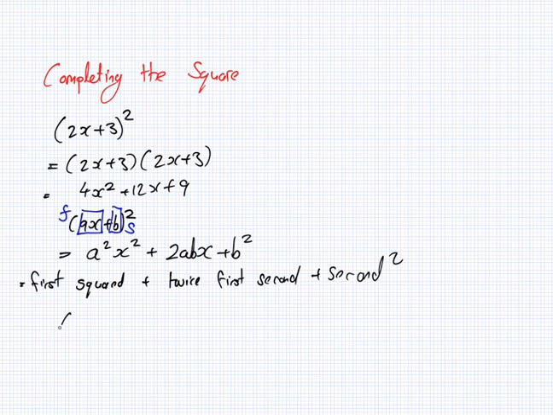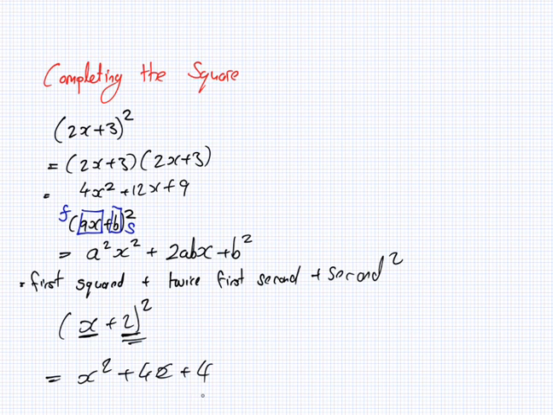Look, I'll give you an example. (x plus 2) squared. Right, this is the first and this is the second. What's the first squared? x squared. Twice the first by the second. So 2 by x, 2x. Twice, double, 4x. And the second squared, 4.